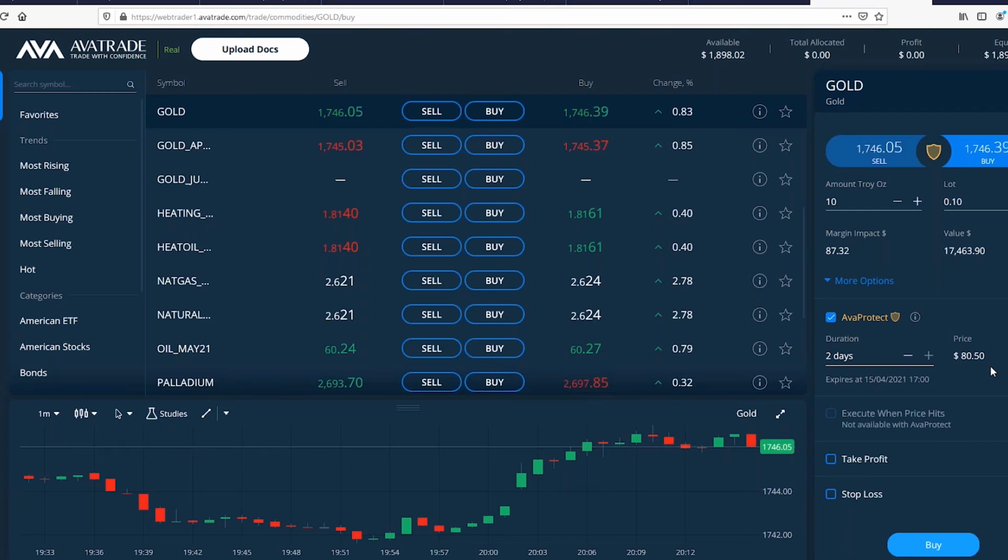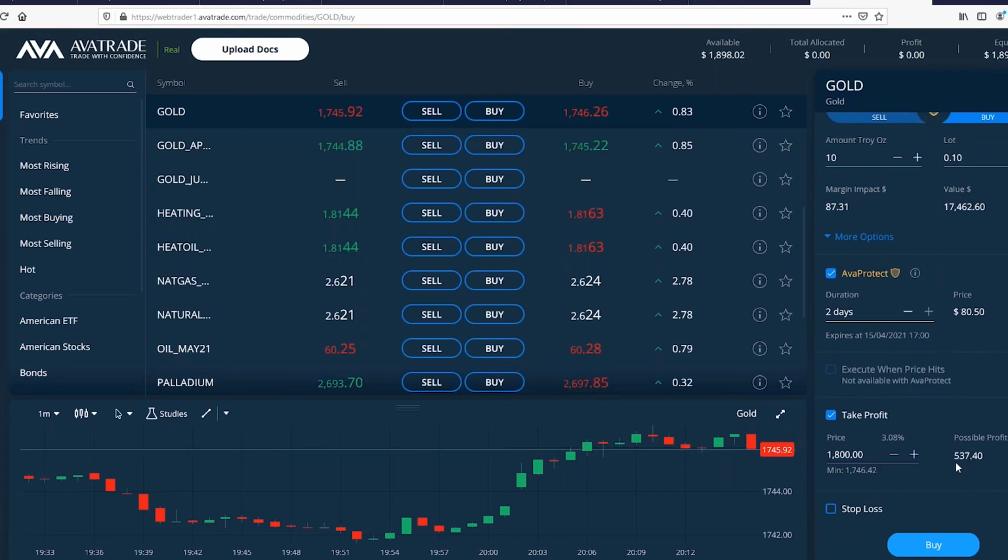So if I think my take profit could be up at 1800, right? Then if I put 1800 for my take profit and I have the potential to make $536 or $538, and I'm only risking $80 for that 2 days, then great. Maybe that's a no-brainer move for me to go ahead and pay for that protection.